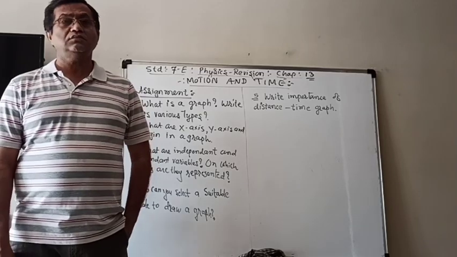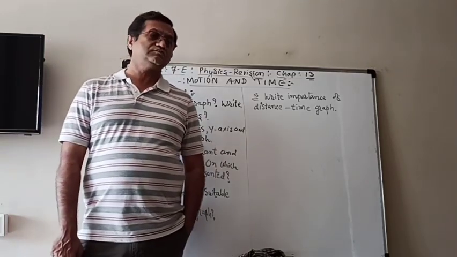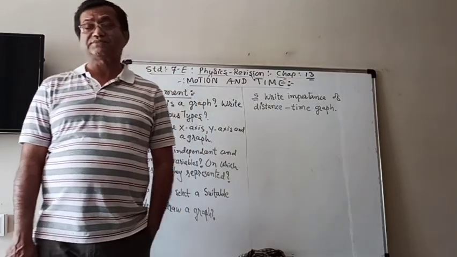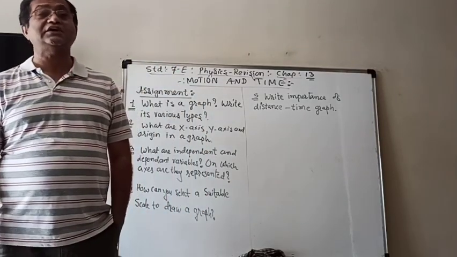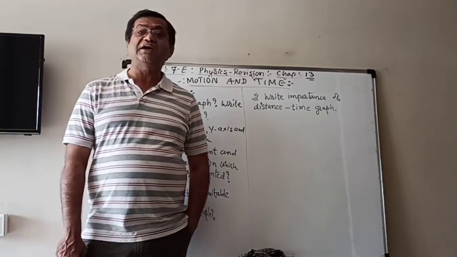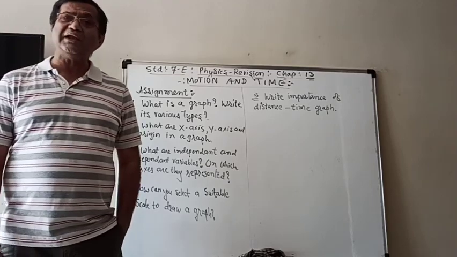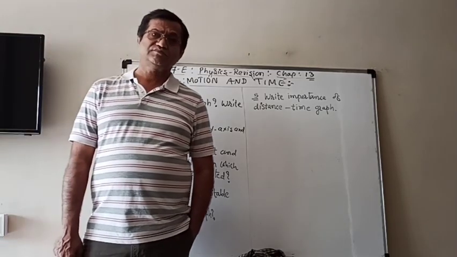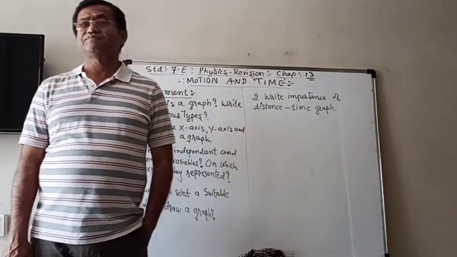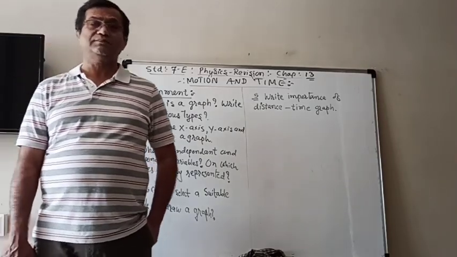Now when we talk about speed in physics, then the graph comes in. That is the distance against time graph. What is a graph? A graph is the pictorial representation of the given data.